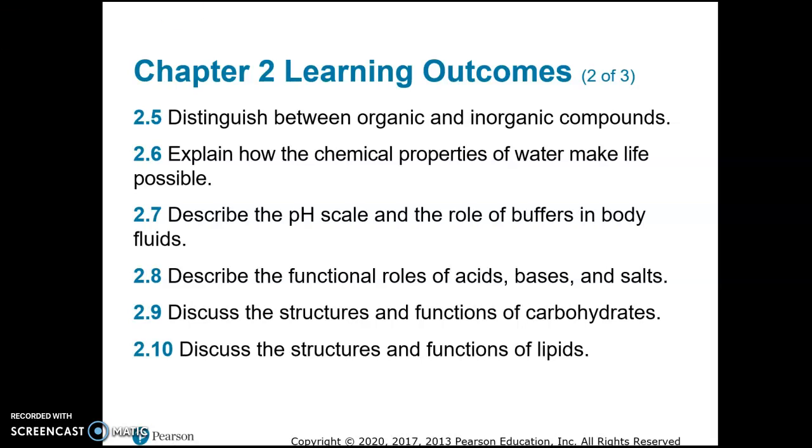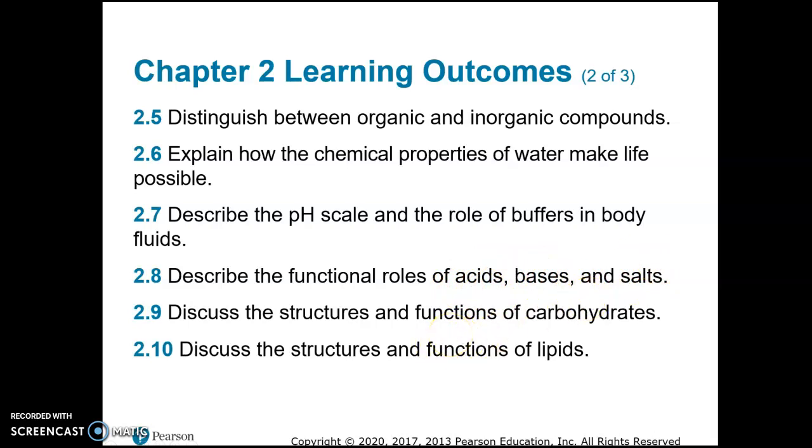All right, and then we will talk about the chemical properties of water. The pH scale, which is the measurement of the degree of how strong of an acid or how strong of a base that something is. The next learning outcome is acids and bases, and then salts, which are neutral.